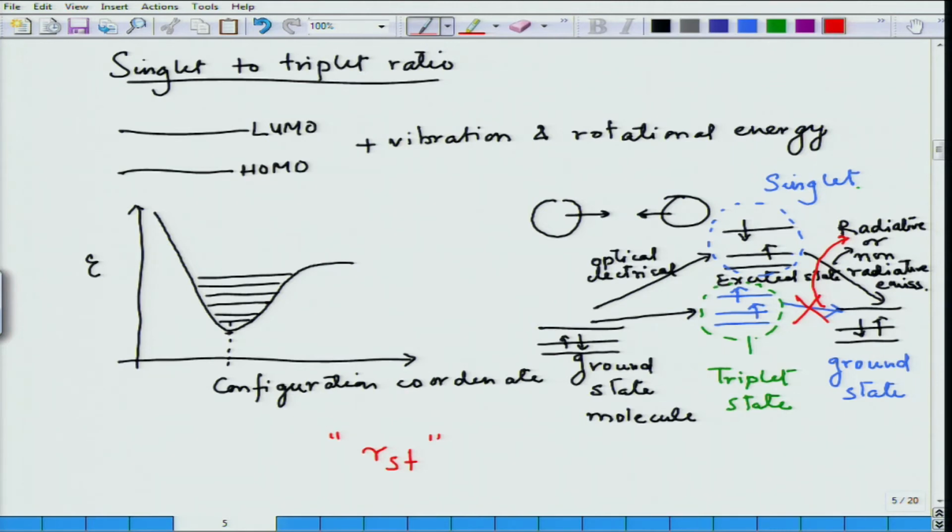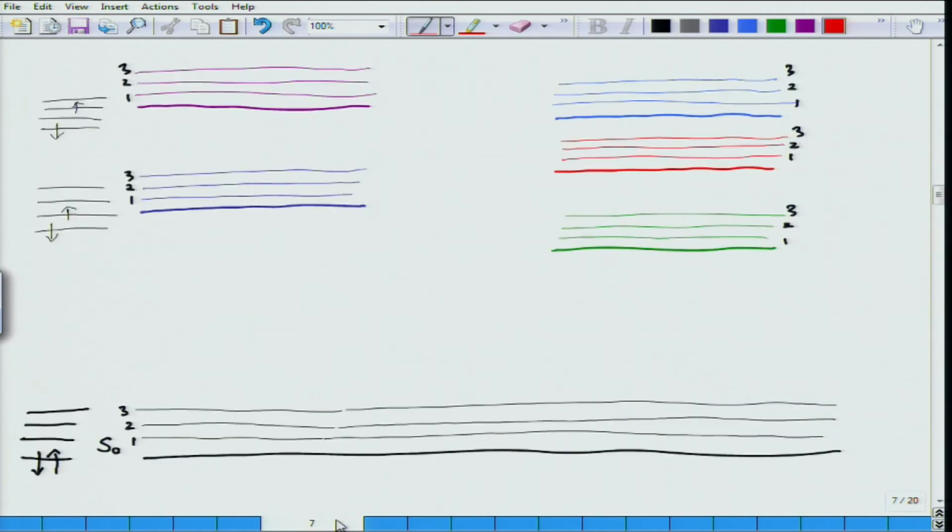And now, let us get into a little bit more detail of what is happening in the molecular structure, and this is how normally we talk about the electronic structure along with the vibrational structure of the molecules.